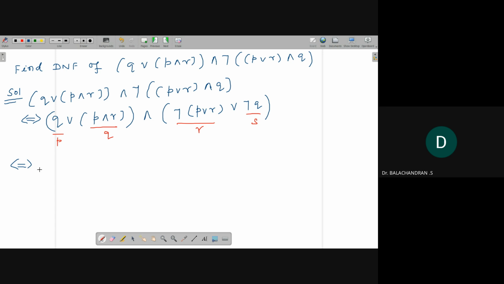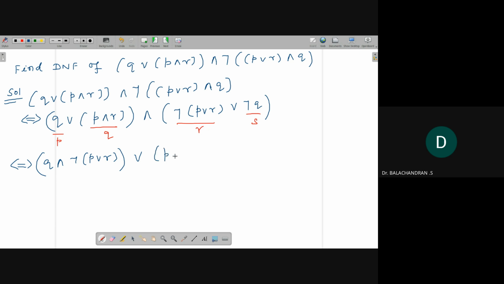Okay, now Q and this quantity. Q and there is a P and R. P R is what? Negation of P R R. Close this bracket, and then R, and then again the first one and the last one.